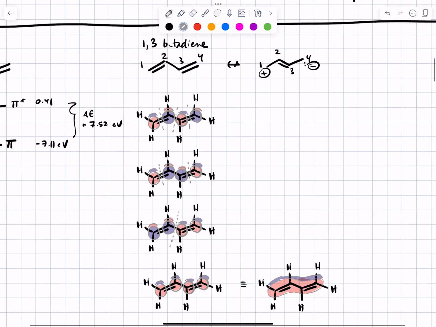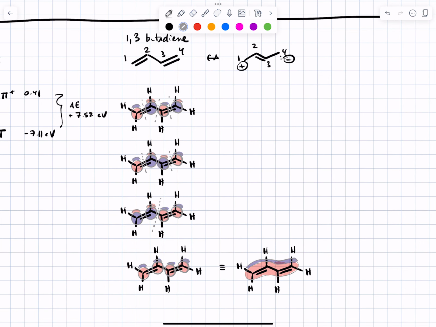on adjacent carbons 1, 2, 3, and 4 in 1,3-butadiene. The idea here is that we're not dealing with just 2 isolated pi bonds, but we're dealing with 4 p orbitals all lined up together. And this is what conjugation means.